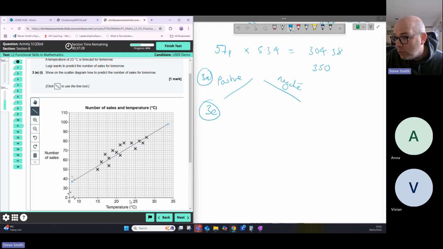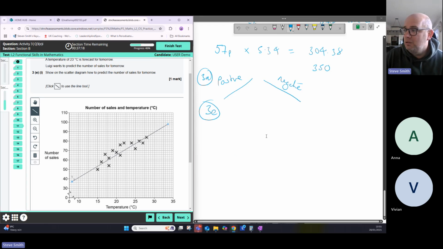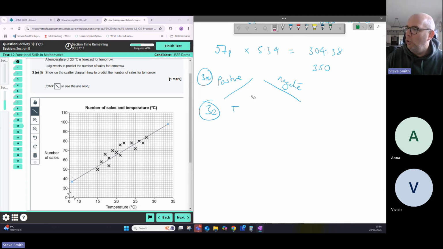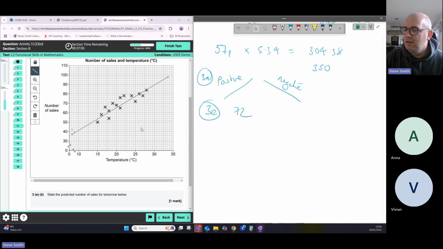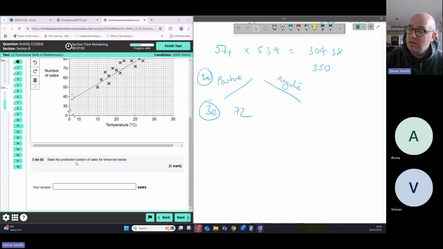So we're going to go up at 23, which is here. And we can see it hits the line there. We're going along there. He'd sell about 72 ice creams. 72. Let's say 70. I think that's it.